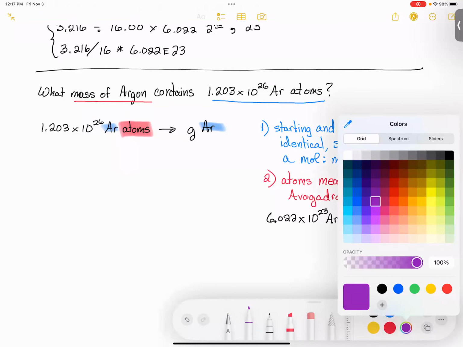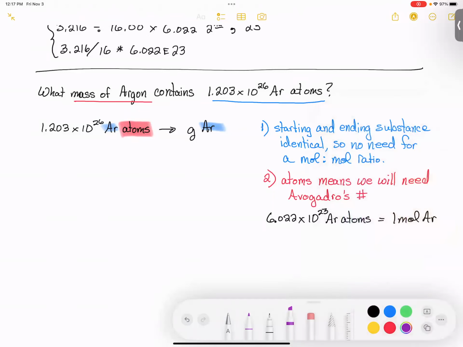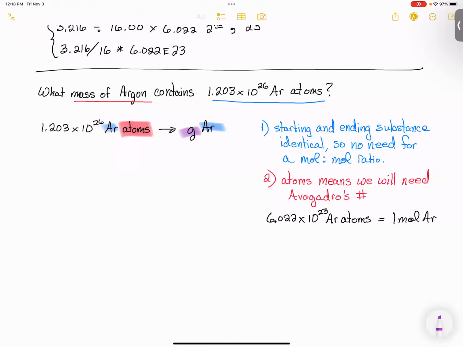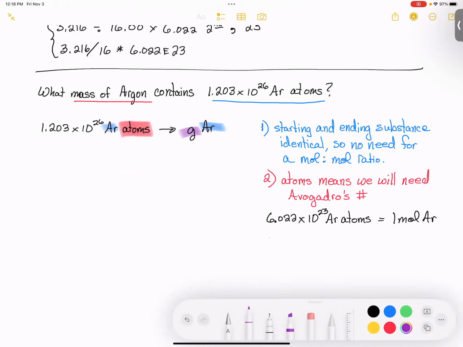The next thing I notice is that the unit I want is grams.